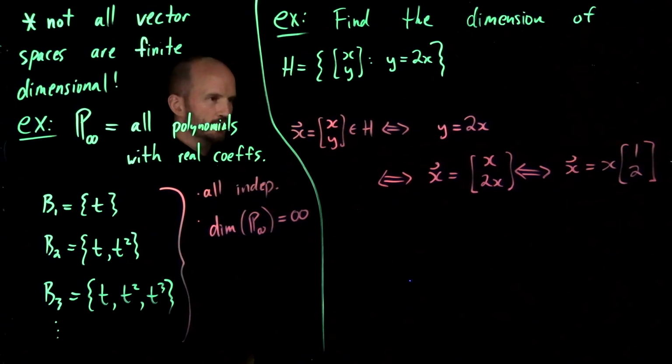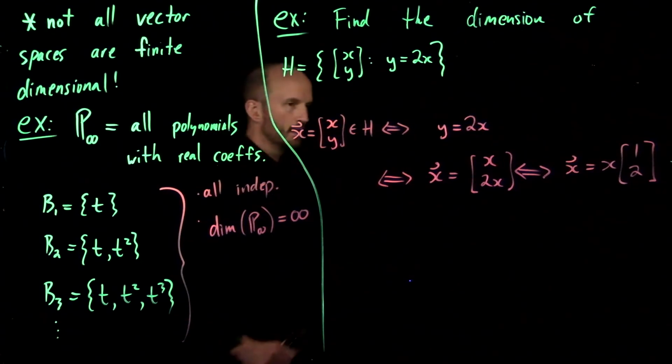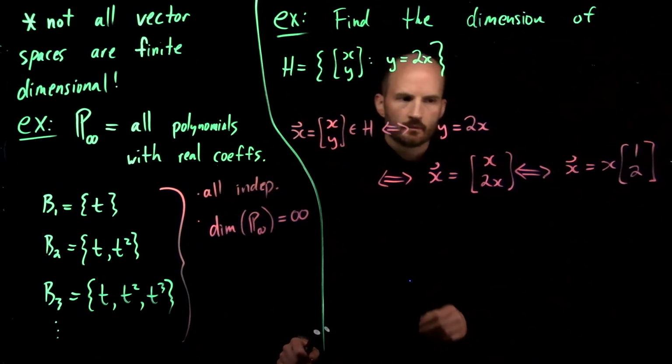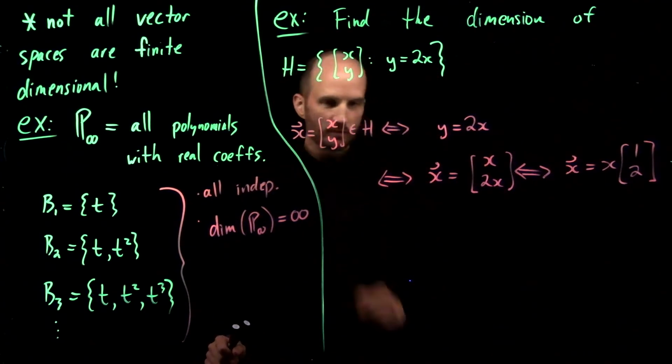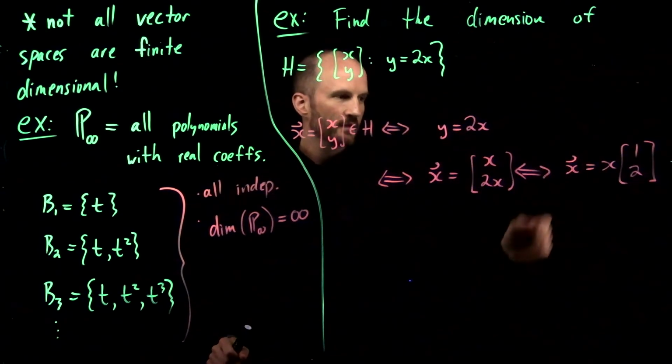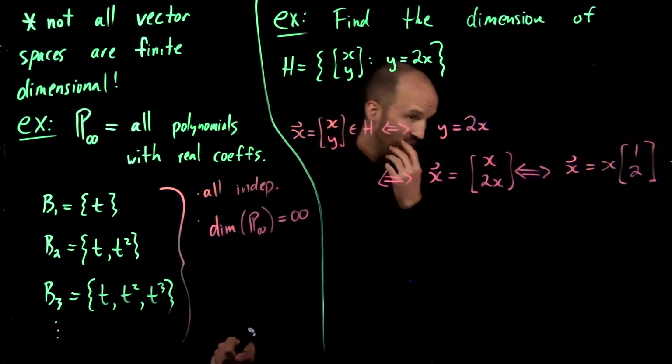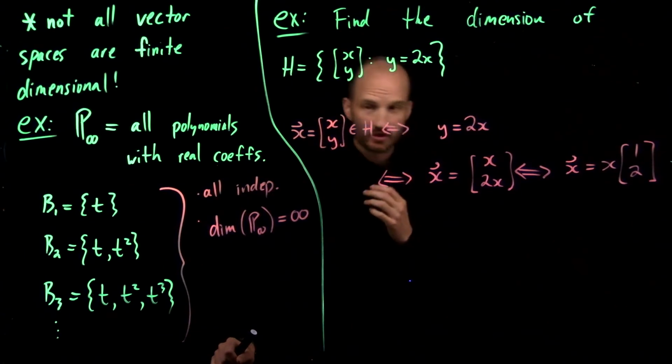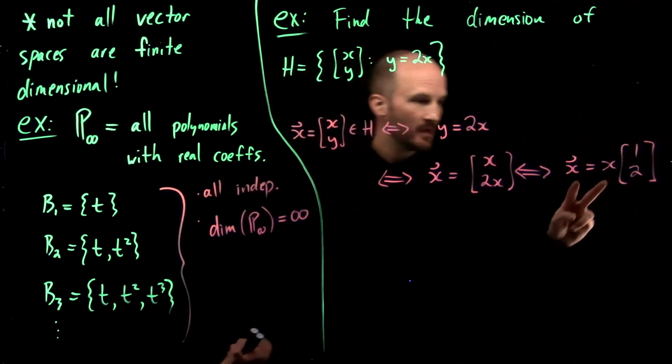So what's the point of all this? Good question. Hopefully you agree that this argument goes both ways. This implies this, implies this, implies this, and backwards. But what I've shown is that if I have something in H, then it must be of this form.